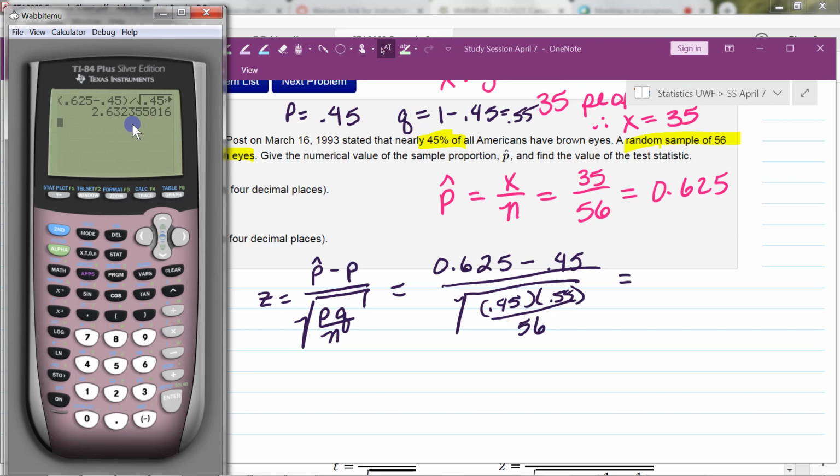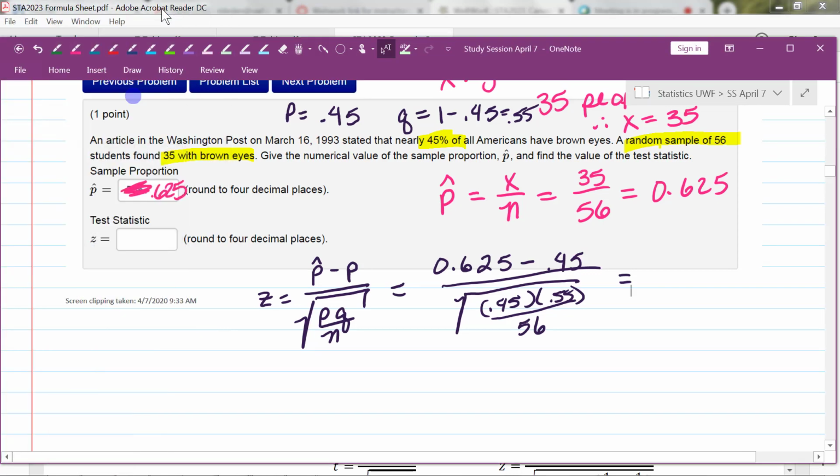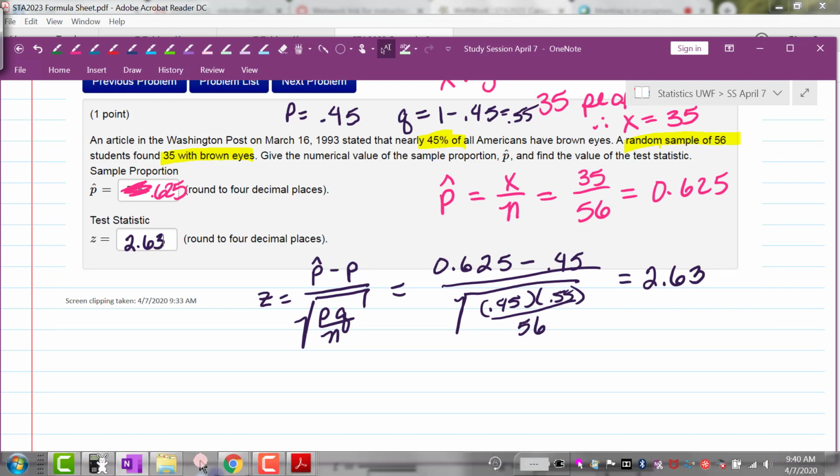I'm only going to go to two significant decimal places simply because the z only goes to 2. Okay, so it's 2.63. And let's go in and put our answer in. Oh, it says 4, sorry. Got to read directions, don't we?